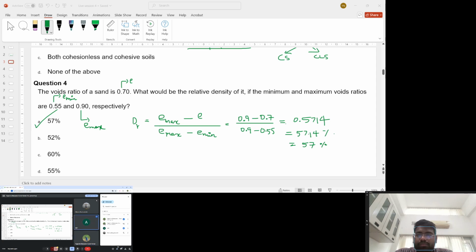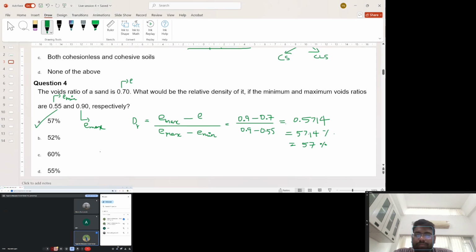Without weight, you get e max. Mostly the placing of the sample is done by the air pluviation technique, and then it is vibrated. So at the densest state, it will have its minimum void ratio, and its loosest state corresponds to its maximum void ratio.